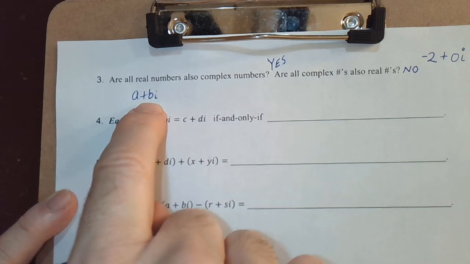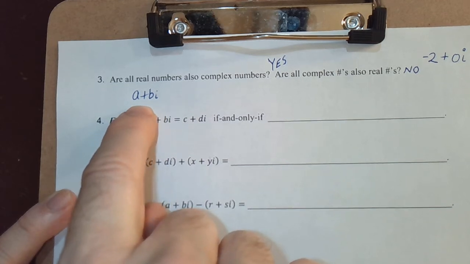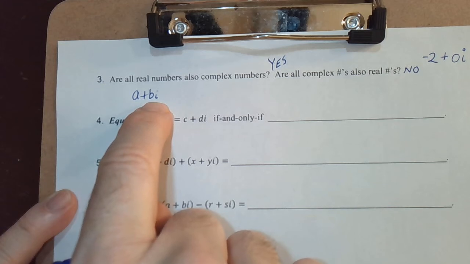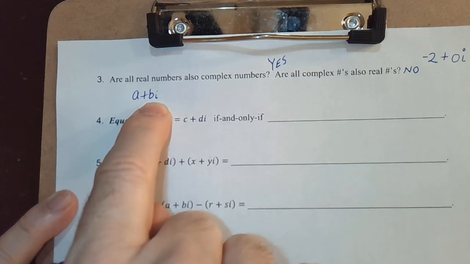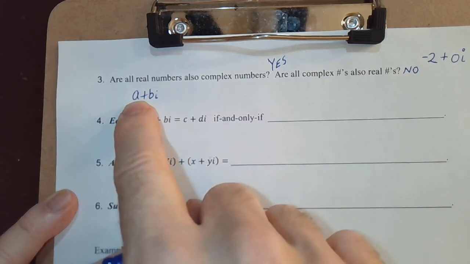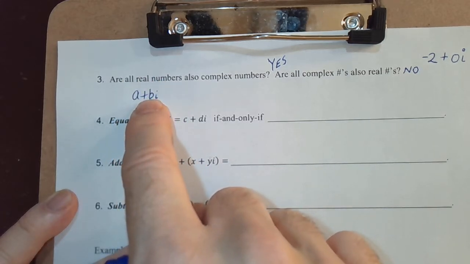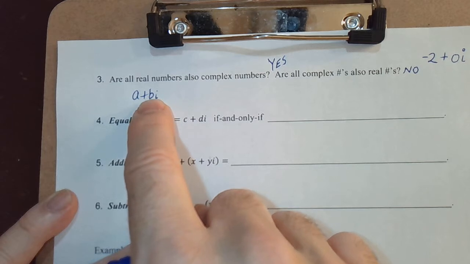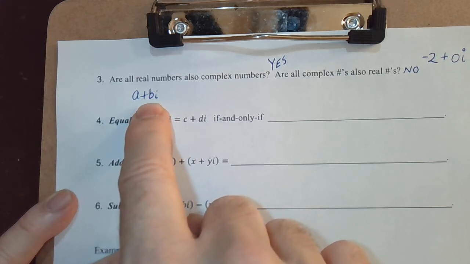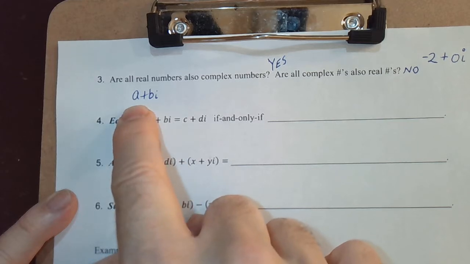If B is not 0, then this is absolutely not a real number. So if you see the i, then you know it's a complex number. If it doesn't have an i, it's a real number. But real numbers are complex also, just use b equals 0. But it is not the case that all complex numbers are real numbers.